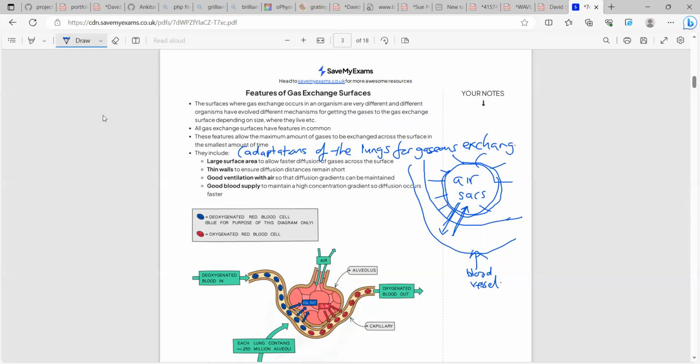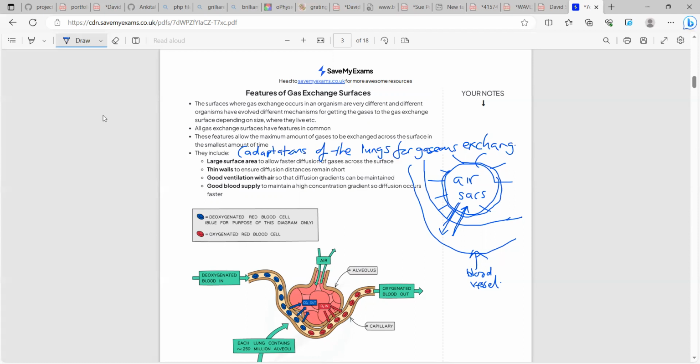Okay, so I'm going to read through the notes a little bit and then I'll expand. So the surfaces where gaseous exchange occurs in an organism are very different, and different organisms have evolved different mechanisms for getting gases to the gaseous exchange surface depending on size and where they live.